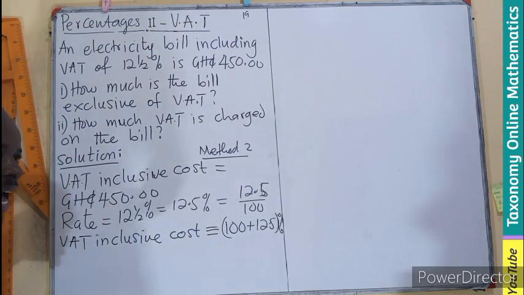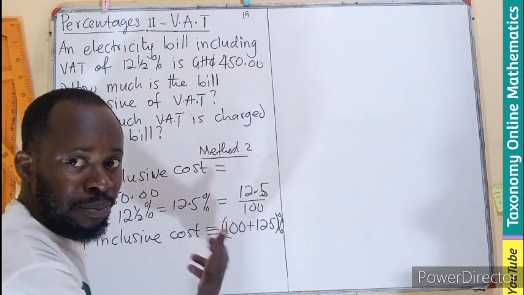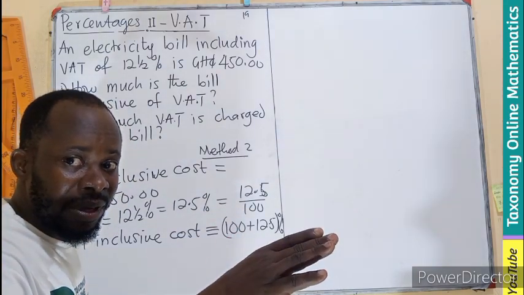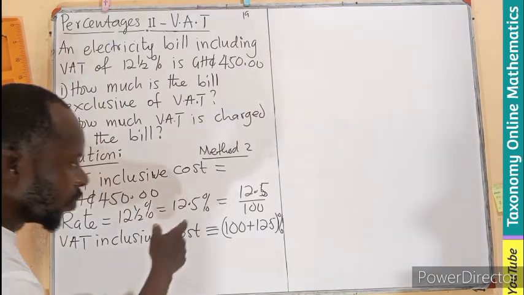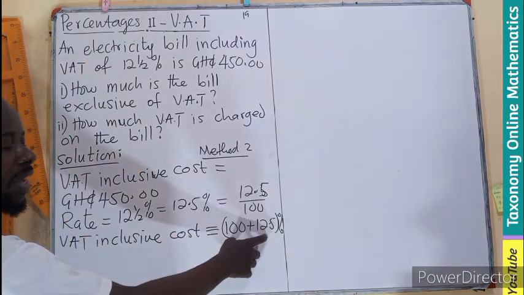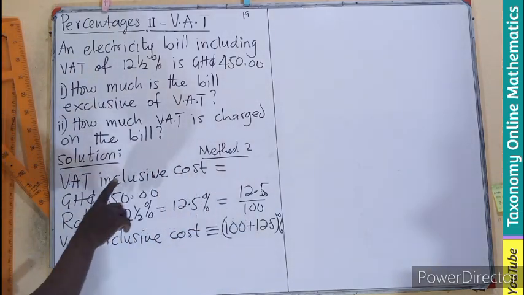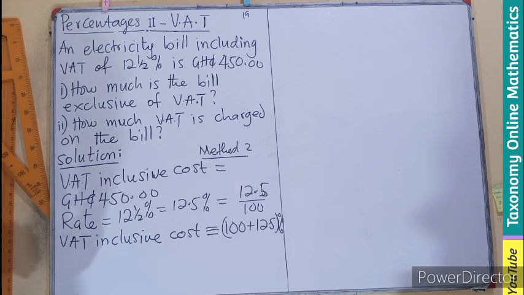Because that is where we are adding the basic cost. The basic cost is just 100. That is the original price, or the cost price of the article. So this will be equivalent to this. This value is what we are taking as 450.